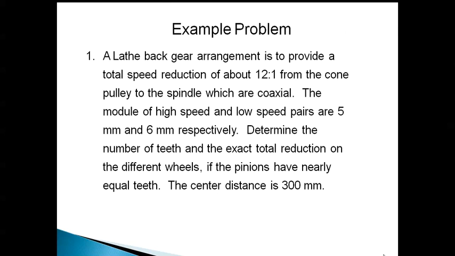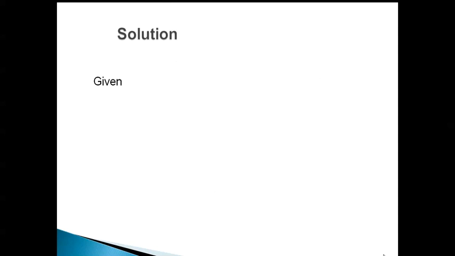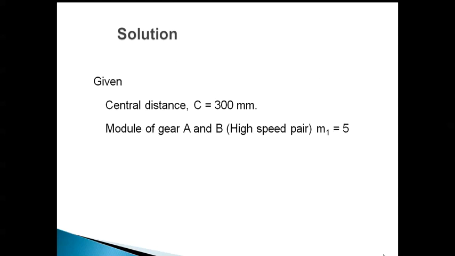So here TA and TC are equal. We need to find the number of teeth TA, TB, TC and TD. One more condition is given as TC equal to TA because the two pinions have nearly equal teeth. The center distance is given, so C is equal to 300 mm.